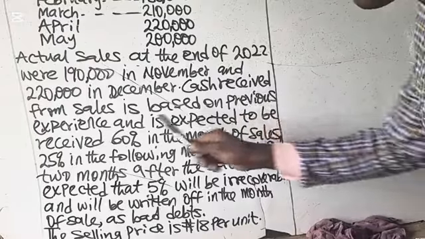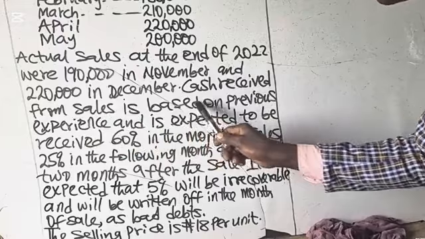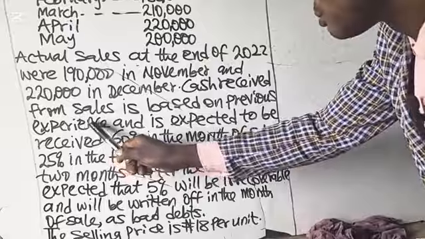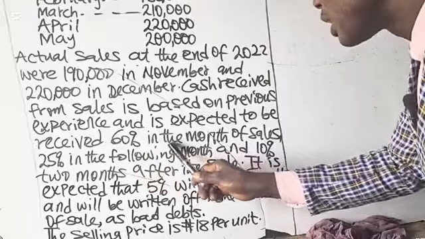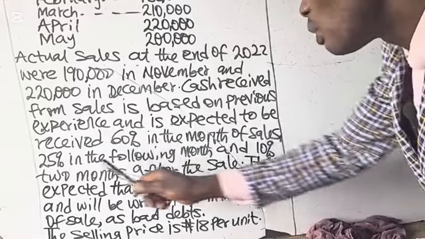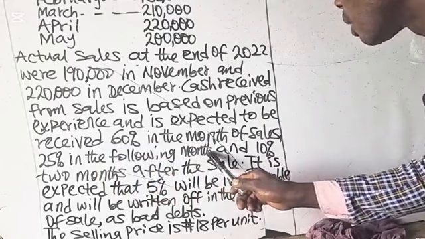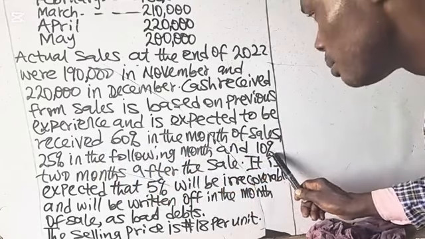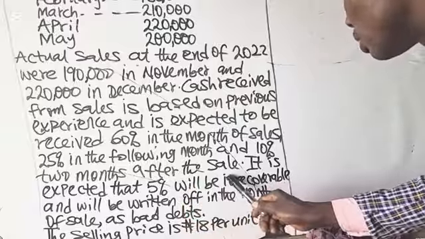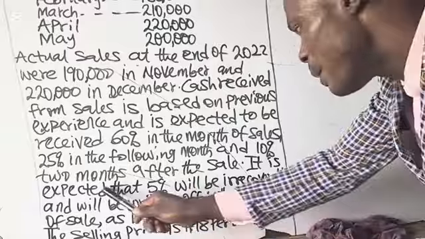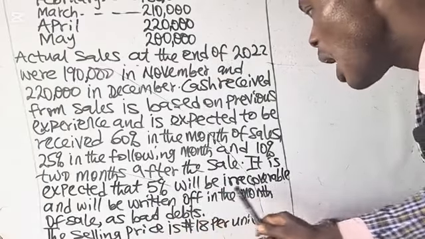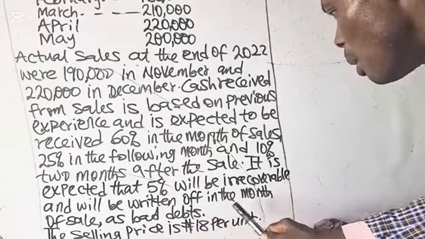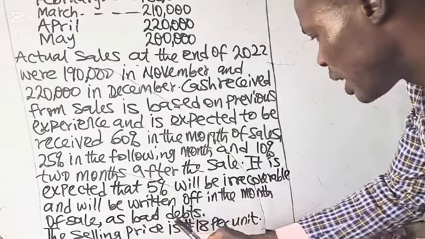Cash received from sales is based on previous experience and is expected to be received 60% in the month of sales, 25% in the following month, and 10% 2 months after the sales. It is expected that 5% will be irrecoverable and will be written off in the month of sales as bad debts.